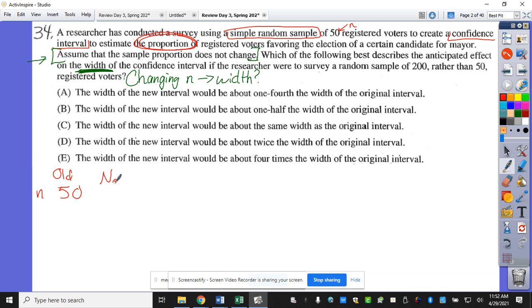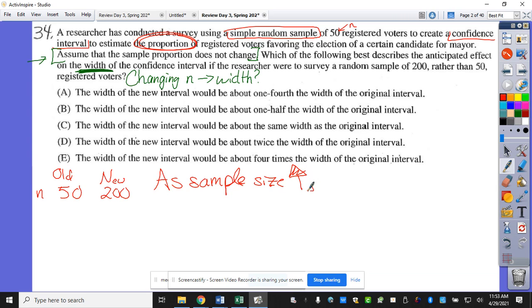My new sample size is, so my sample size is what? Increasing. This is the concept you have to know. As sample size increases, or n increases, you need to know what happens.